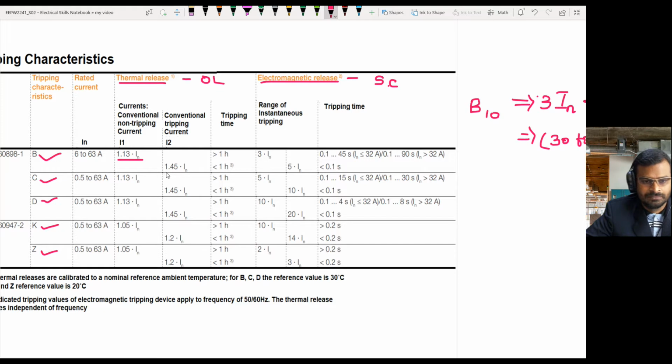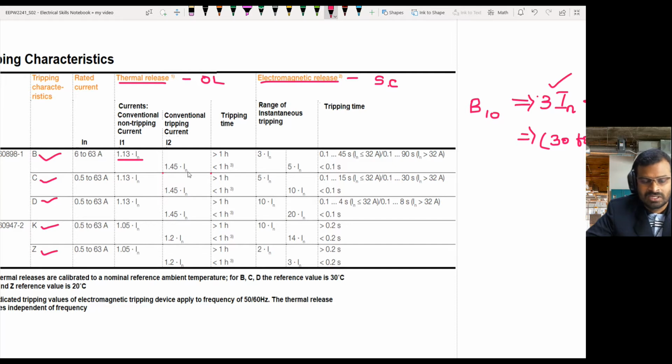And when it reaches 1.45 times IN, from here the MCB has to be a bit cautious, and it has to trip based on the amount of current. It has to trip faster. You see here I put 3 IN, so this is only 1.45 IN. From this area the MCB must trip, and as you see here, it should be less than 1 hour.